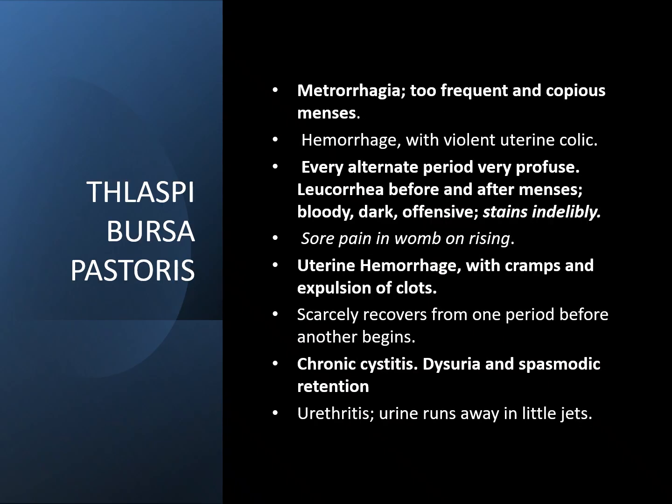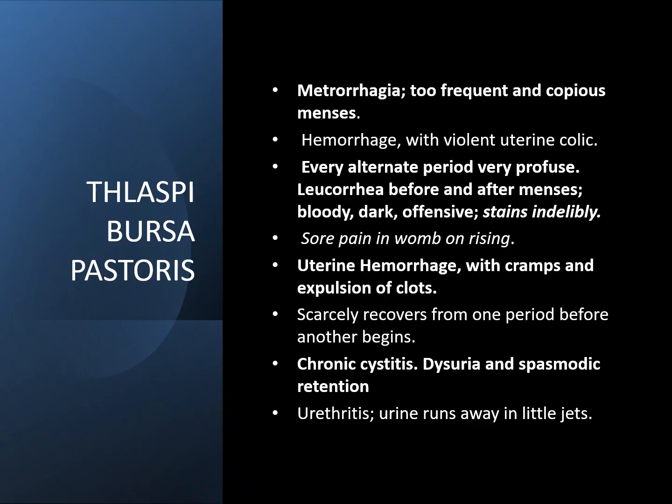Thlaspi bursa pastoris is used when there is frequent and profuse menses, large clots with severe uterine colic, offensive leukorrhea which is bloody, and chronic uterine hemorrhage. We can consider it a metrorrhagia, too frequent and copious menses. Every alternate period is very profuse, that is a history, and leukorrhea before and after menses, which is bloody, dark, offensive, and stains indelibly.